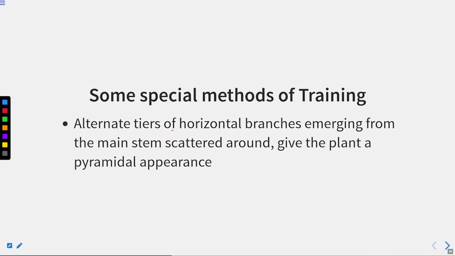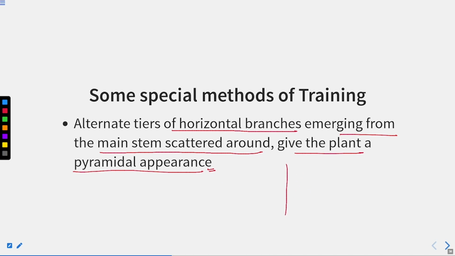Alternate tiers of horizontal branches emerge from the main stem, scattering around and giving the plant a pyramidal appearance. So this is the main stem, these are the longer branches, then smaller branches, and then even smaller branches.